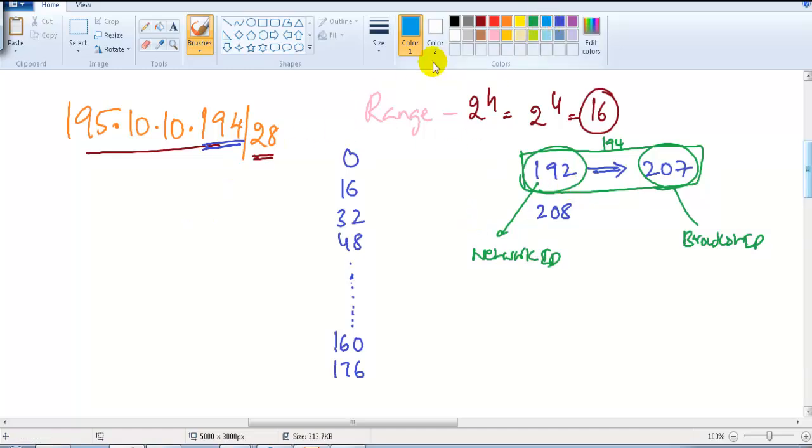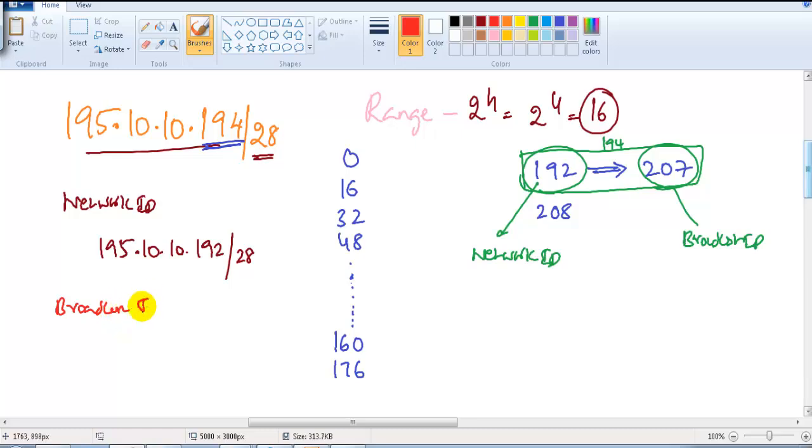So let us write down a fair network address. The network ID for this address will be 195.10.10.192 with a slash value of 28. That is my network ID, and the broadcast ID will be 195.10.10.207 with a slash value of 28.